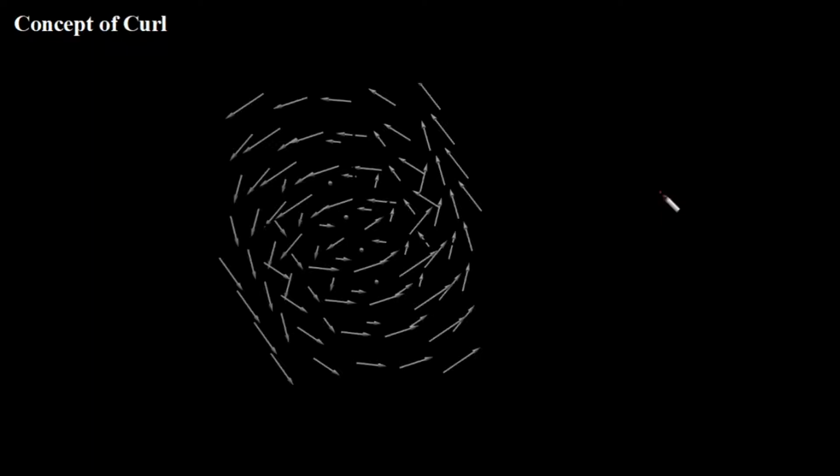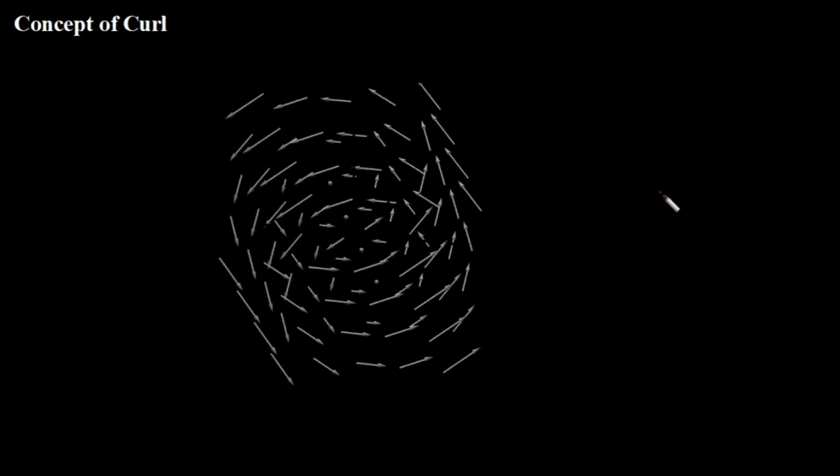If density is less, then strength is less. So the strength of the field can be visualized by field lines. Keeping that in mind, these field lines are circulating around a single axis, my conductor, so this field line will have a curl.